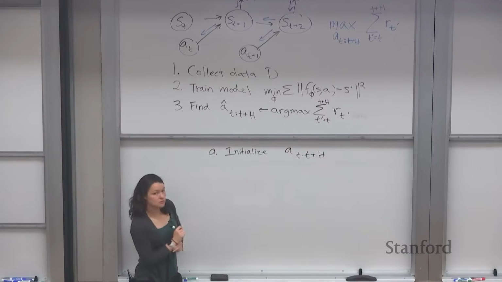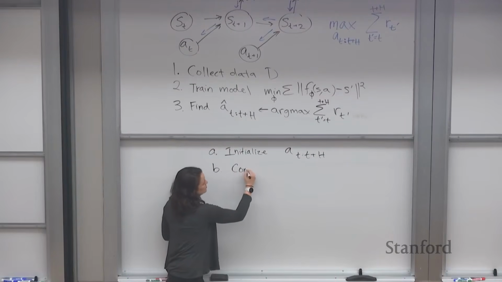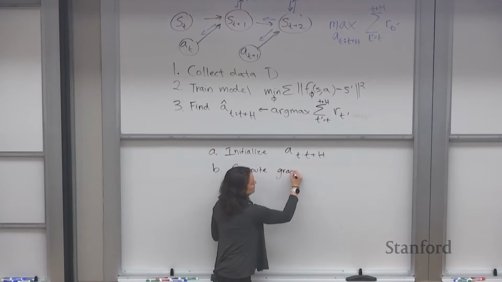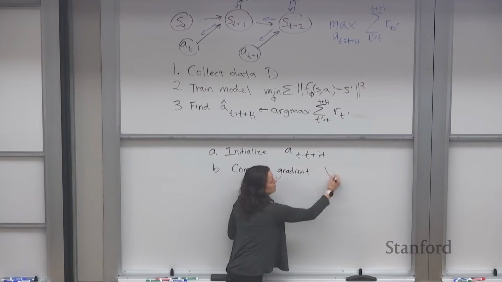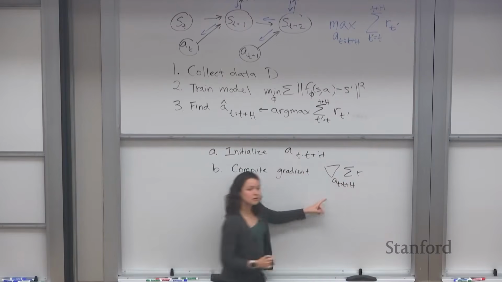Then you need to compute your gradient. This would be the gradient of the sum of rewards with respect to the actions that you take.